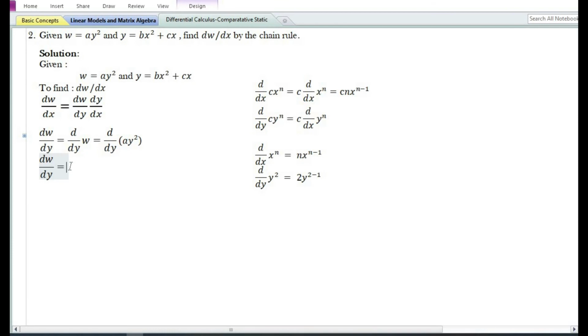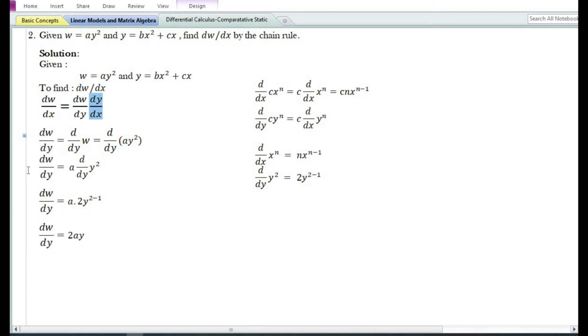Using the constant times a function rule, the derivative with respect to y of constant a y square is equal to a times the derivative with respect to y of y square. Using the power function rule, the derivative with respect to y of y square is equal to 2y to the power 2 minus 1. Y to the power 2 minus 1 is equal to y to the power 1, or we can simply write down y.